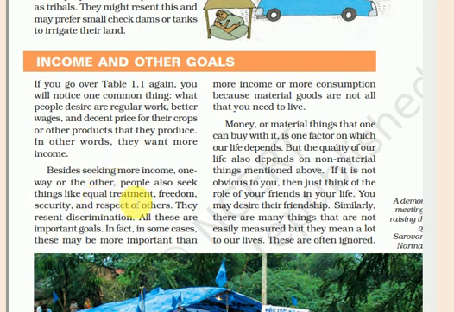Equal treatment, freedom, security, respect for others, and self-respect. All these are important goals besides income. Money can buy only material things, but the quality of our life also depends on non-material things mentioned above.